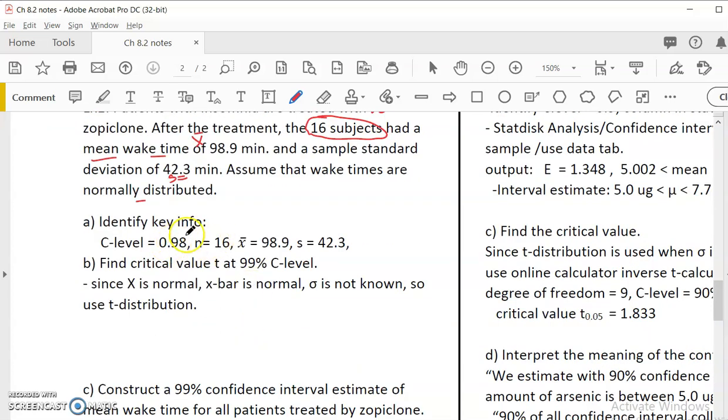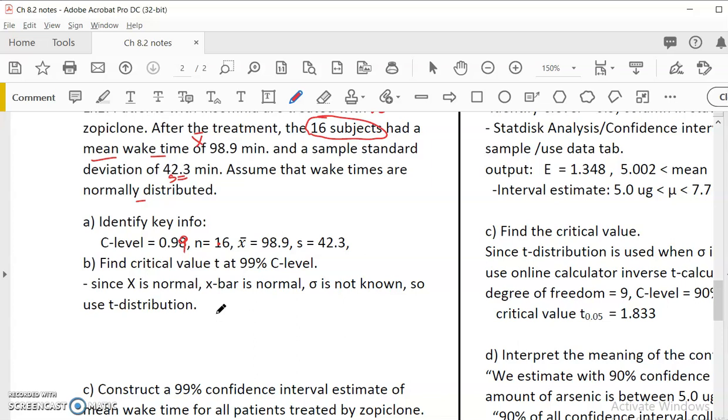So I should say 99. Right? C level is 99 because later on, I think I didn't do it here. So it's 99, N is 16, X bar is 98.9, S is 42.3. So maybe I'll write it down here: 0.99, N equal to 16, X bar equal to 98.9, S equal to 42.3.